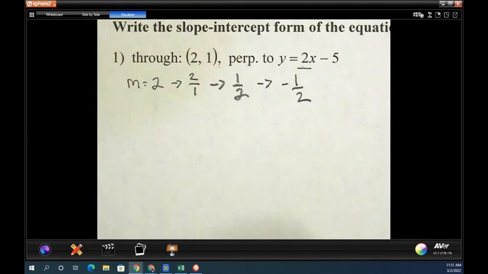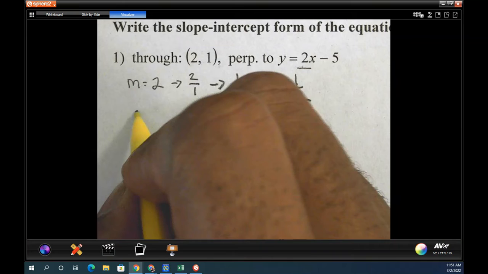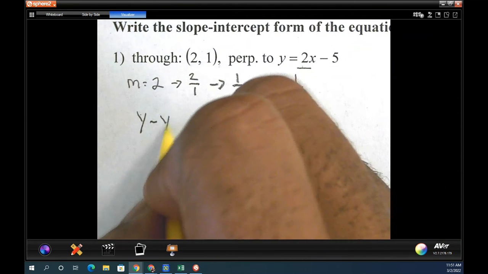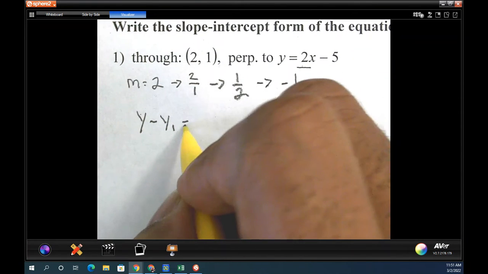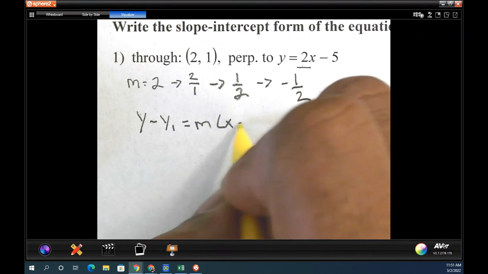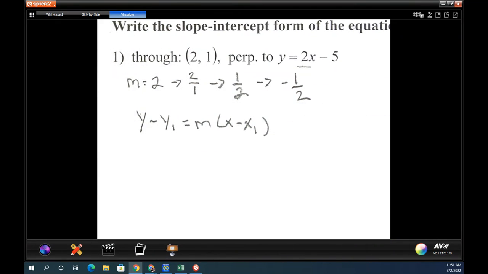Now, we've been using it, and some of y'all still are just too lazy to write it on paper. Y minus y sub 1 is equal to m times x minus x sub 1. What formula is that? No. What is it called?